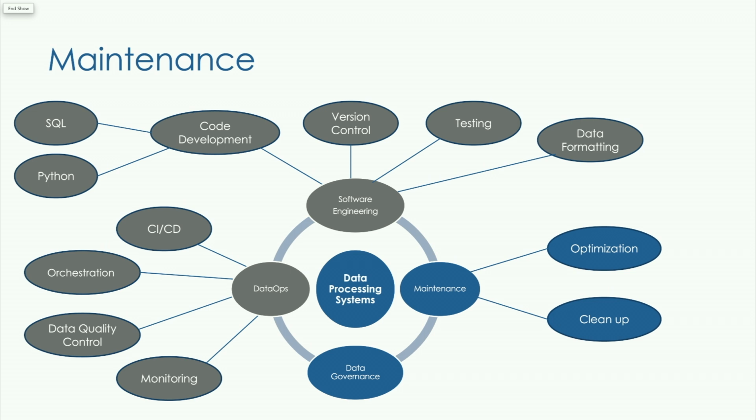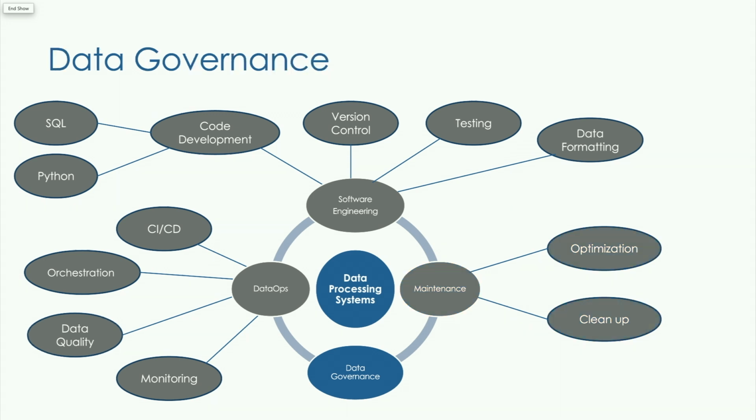Next, after running your pipeline, you may see that there is a need for optimizing it. There may also be a need to clean up the file system, for any files or issues related to your pipeline.